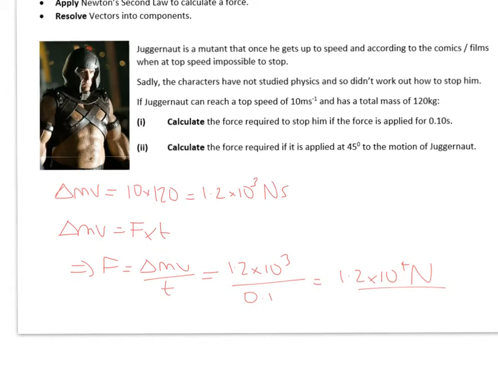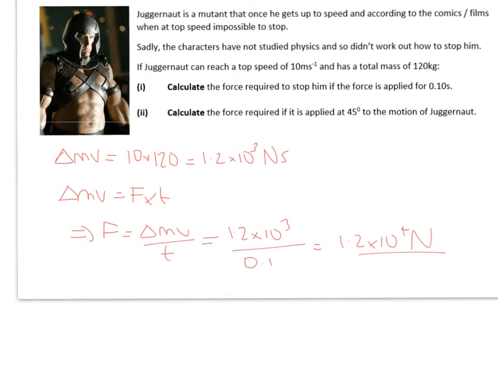required. The next part says, what force would be required if it was applied at 45 degrees of motion? So if we think the motion of Juggernaut is like this, and our force is now being applied at 45 degrees.